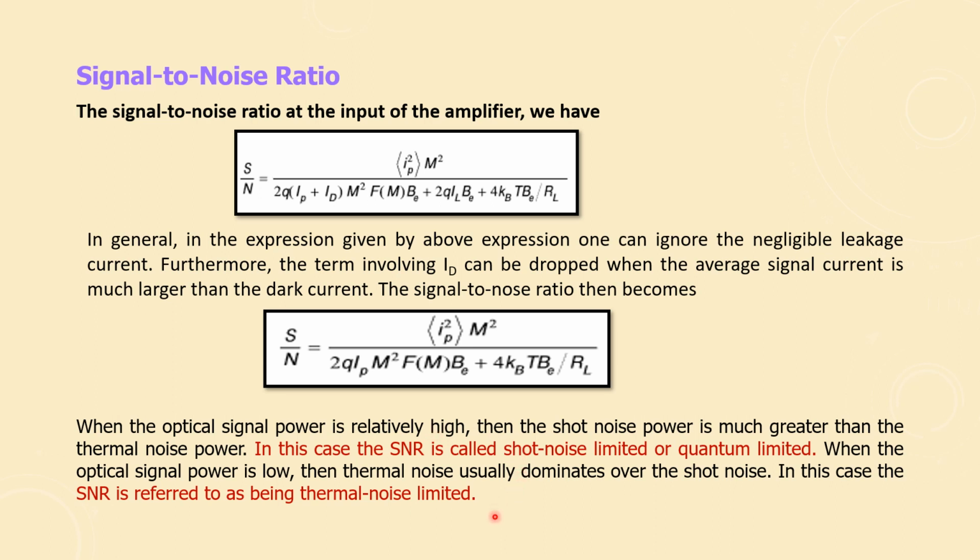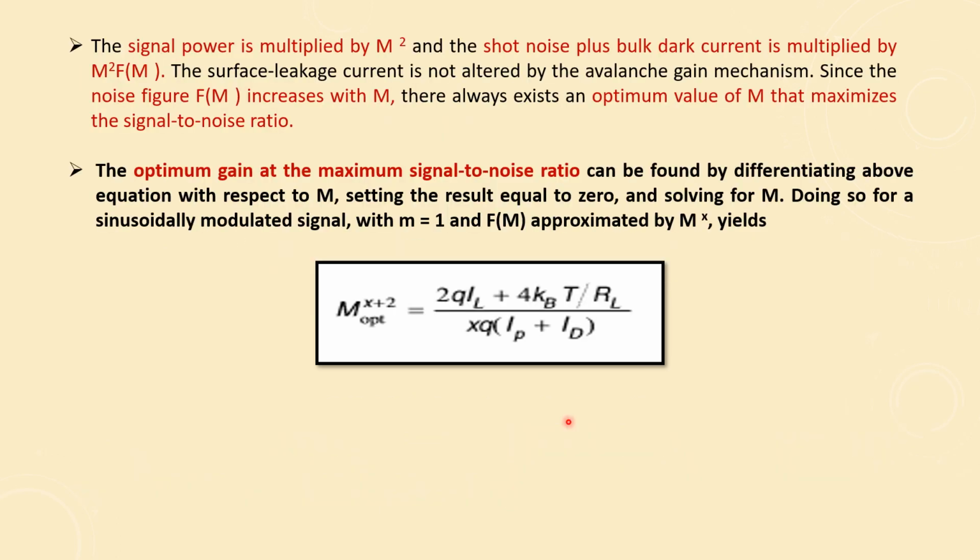As we discussed, the higher the value of signal to noise ratio, the better the performance of the optical receiver. That is the purpose of evaluating the signal to noise ratio for the optical receiver circuit. And this is the formula to find the multiplication factor in the case of an avalanche photodiode.